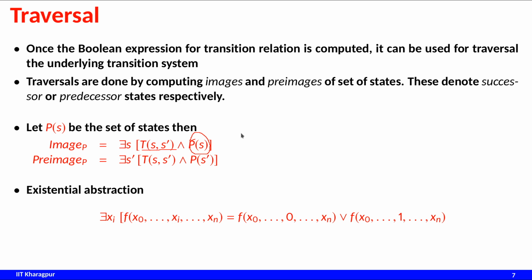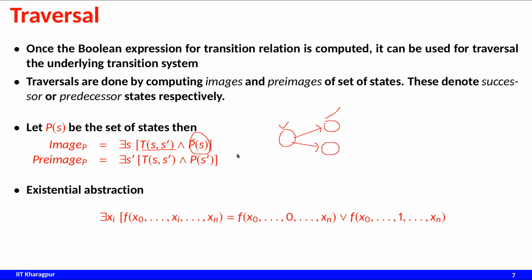So we will get this PS and the set of next states, but the Boolean expression that I will have will involve both present state bits and next state bits, because in this expression T and PS, we have both the present state and the next state. Now we would like to find only the next state.